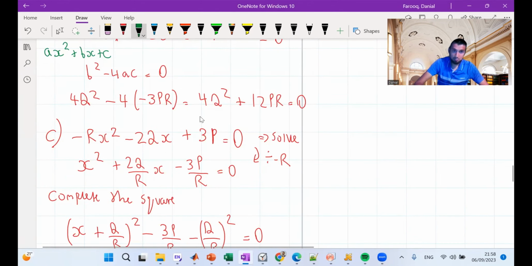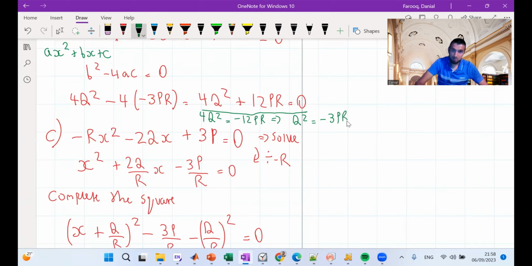However, from the previous part of the question, I should have probably simplified this. You'll get 4q squared equals minus 12pr. Divide both sides by 4. We'll get q squared equals minus 3pr.